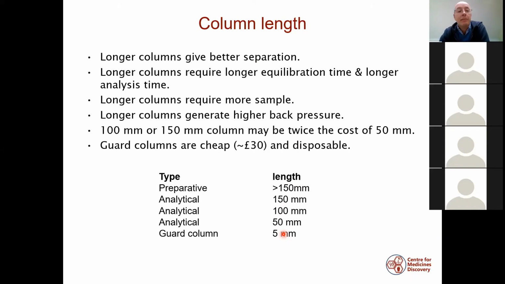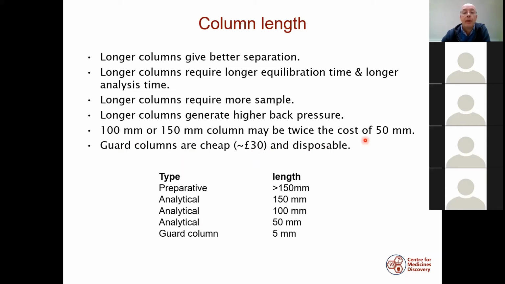Column length has a bearing. The longer the column, the better the separation. However, if you have a longer column, it's going to take longer to equilibrate in your gradient, and also your analysis time is going to take longer. You will need to load more sample, and the longer the column, obviously, the greater the back pressure. Also, the longer the column, the greater the cost.